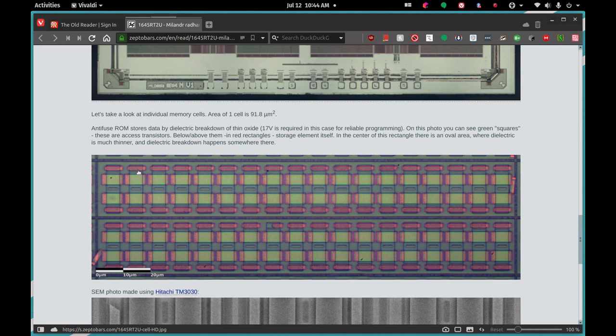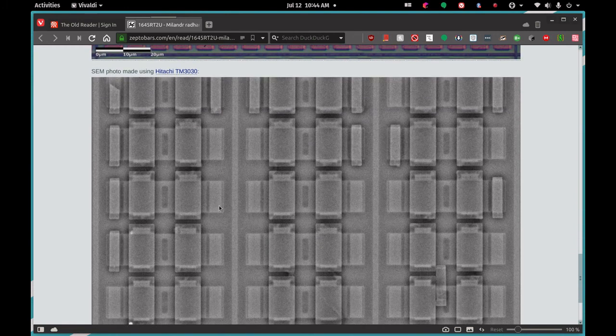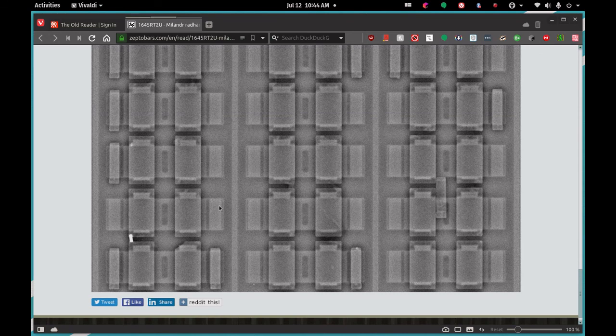So you have the transistor, and then you have the data that's actually going to be stored. When the chip is programmed, you have the dielectric breakdown that creates a connection between two locations, and that's what actually programs the chip. And then this here is just a photograph from a scanning electron microscope, what it looks like as an actual micrograph.